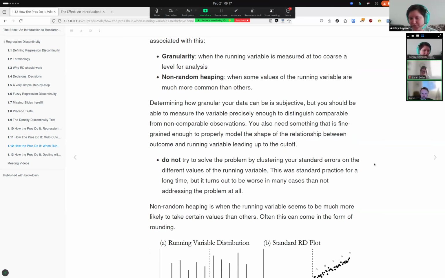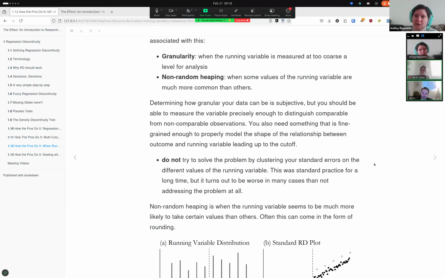So for granularity, determining how granular your data can be while still providing you with reasonable results is a bit subjective. What you want to be able to do is measure the variable precisely enough to distinguish which observations are comparable and which are not. You also need something fine-grained enough to properly model the shape of the relationship between the outcome and running variable leading up to the cutoff.